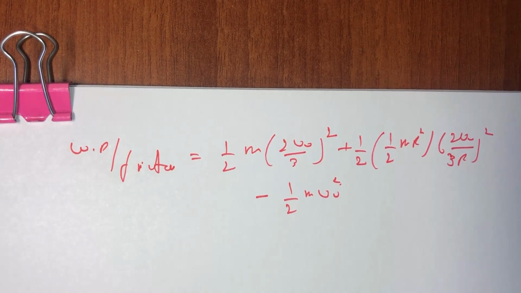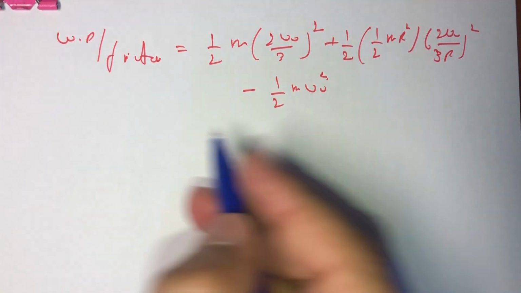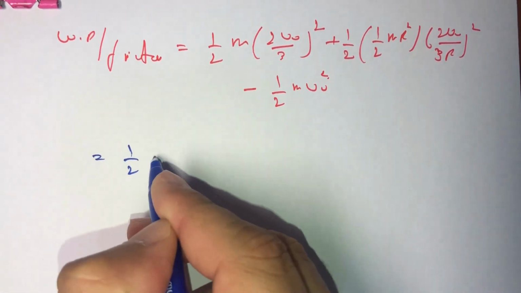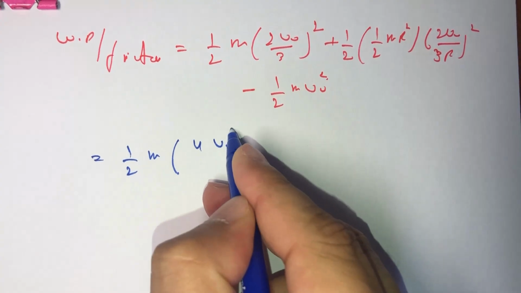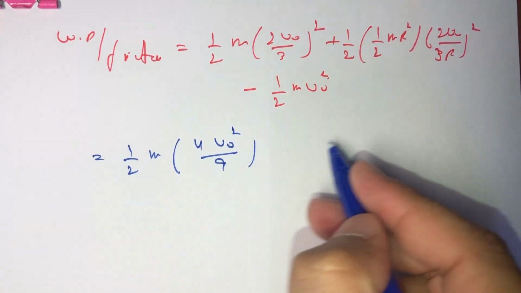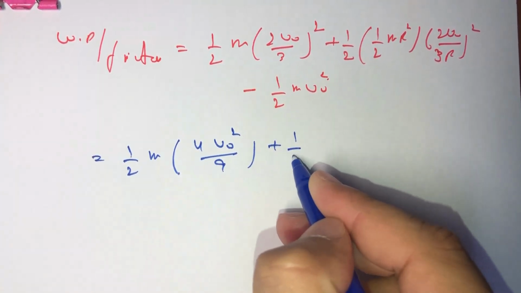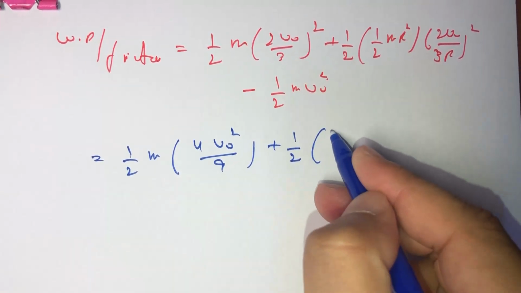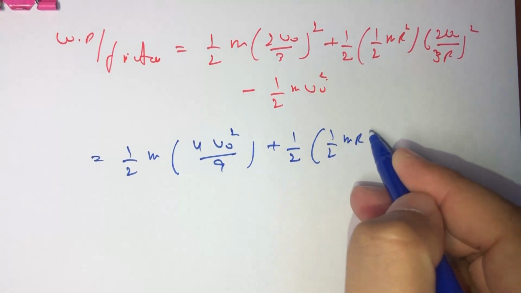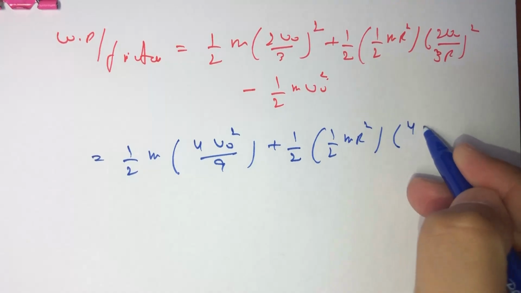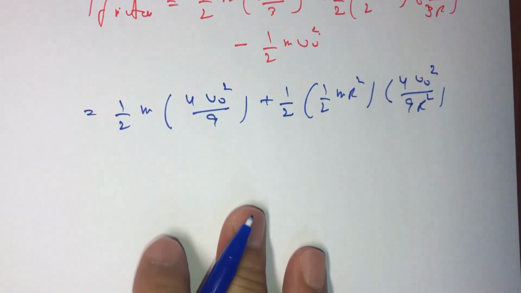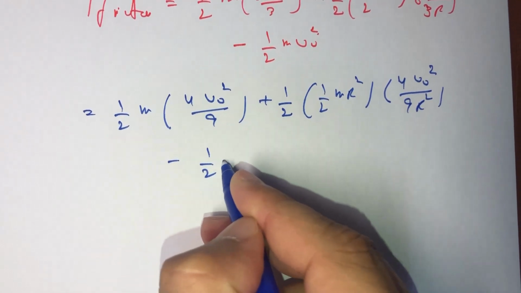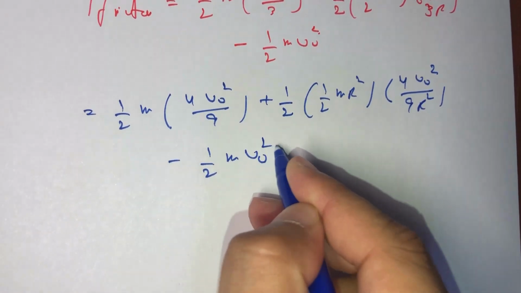Now we solve it. So we get 1 by 2m, this is 4 v naught square upon 9, plus 1 by 2 m r square, and this becomes 4 v naught square upon 9r square, minus 1 by 2 m v naught square.